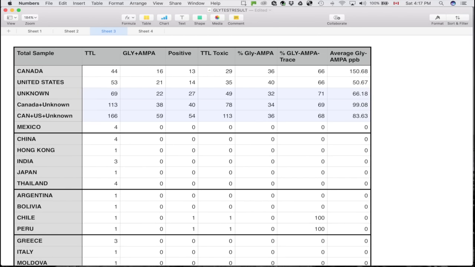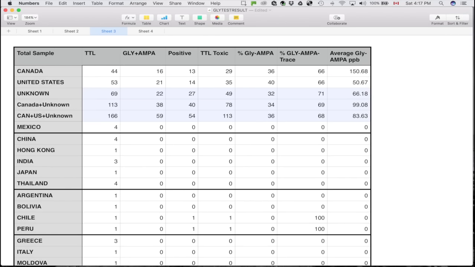So I suspect that, taking foods from within Canada, the maximum number of samples should be from Canada, and then a lesser number of samples should be imported from somewhere else. So likely, I'm just guessing, that a large portion of these unknown origin samples are actually Canadian.